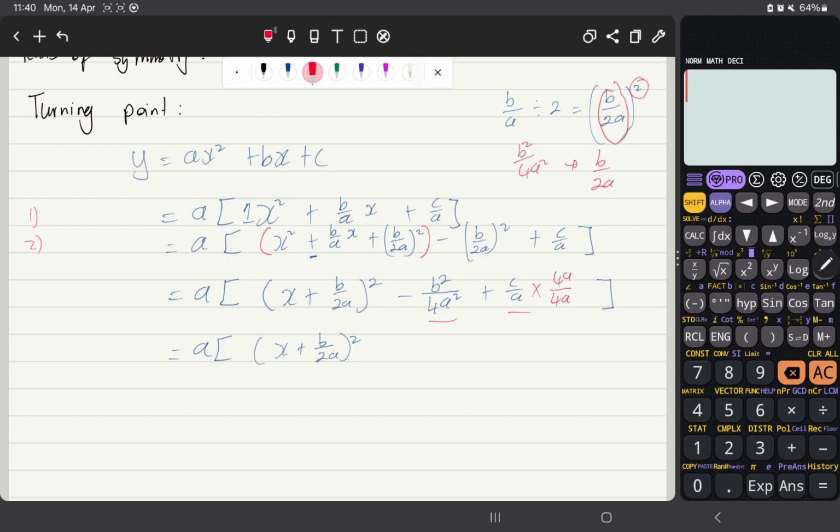That 4 is gonna give me the 4 and that a is gonna give me the a squared. So now I have minus b squared over 4a squared plus 4ac over 4a squared. And now guys, I am done.